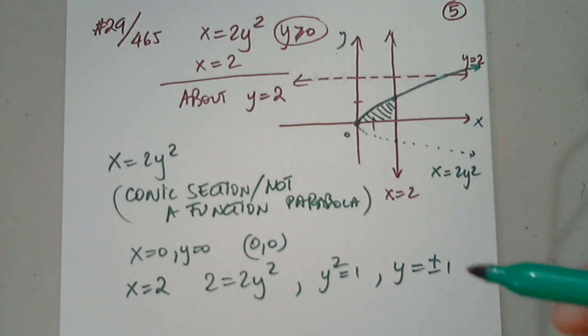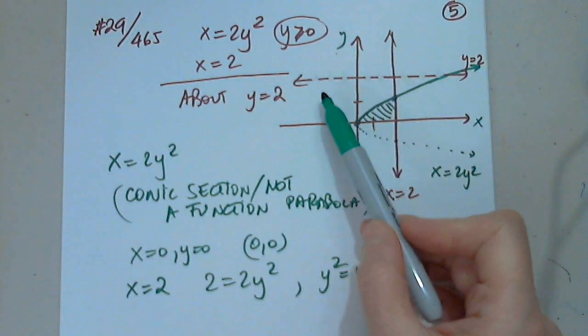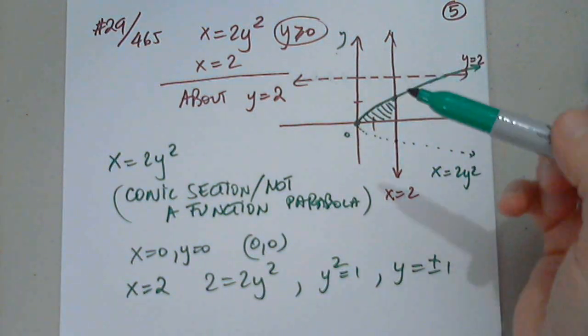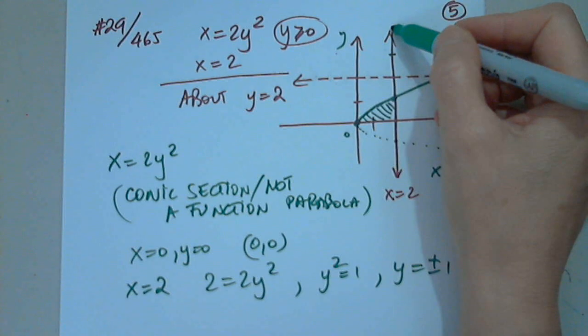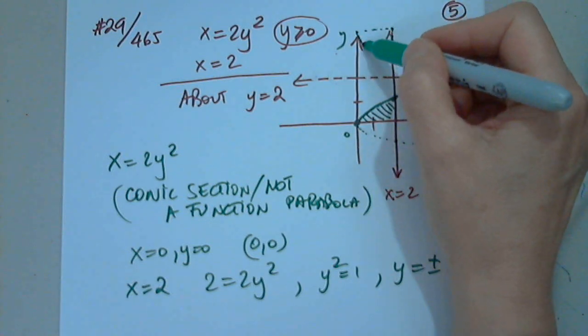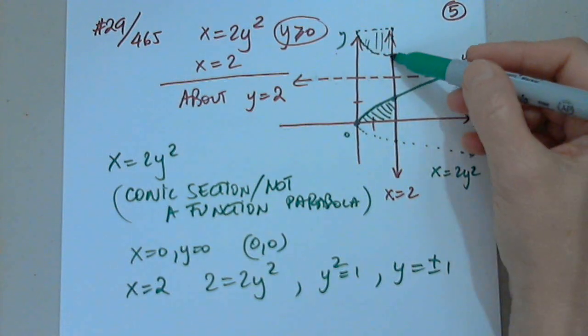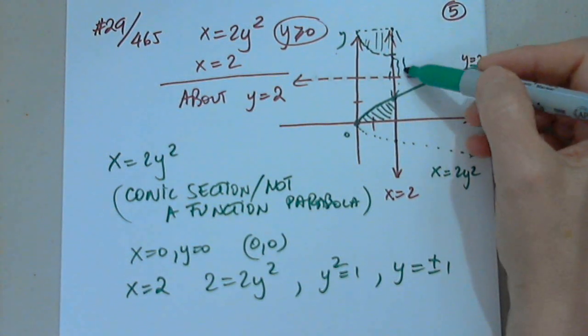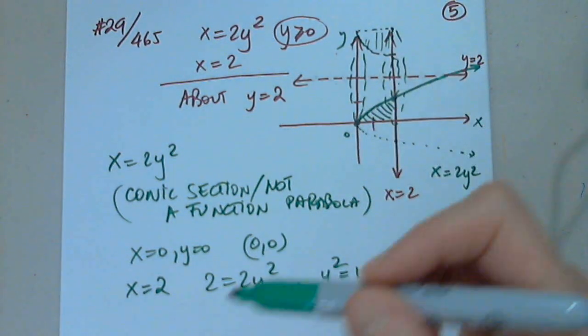Okay, now we are told to rotate this area about y equals 2. Okay, fine. So then the reflected area will be something like this. And we are rotating and rotating and rotating.